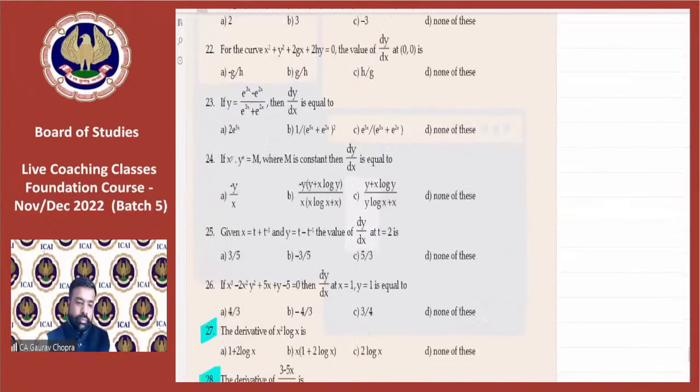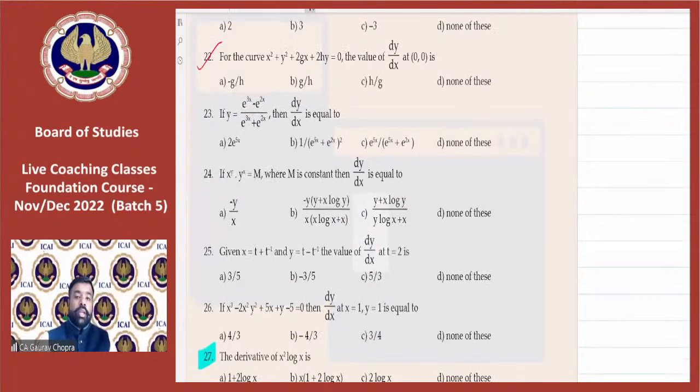Second, you can try. For the curve x square plus y square plus 2gx plus 2hy is equal to 0, the value of dy by dx at (0, 0) is. The first step is to find dy by dx and then put in 0, 0. So let us try. What is the derivative?